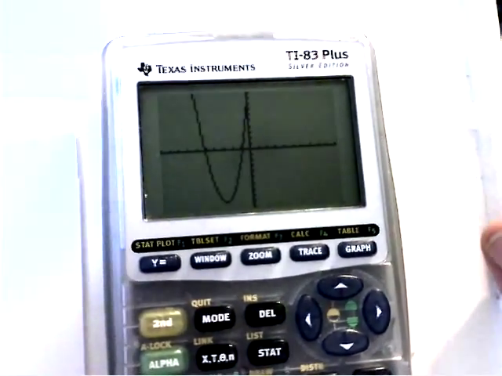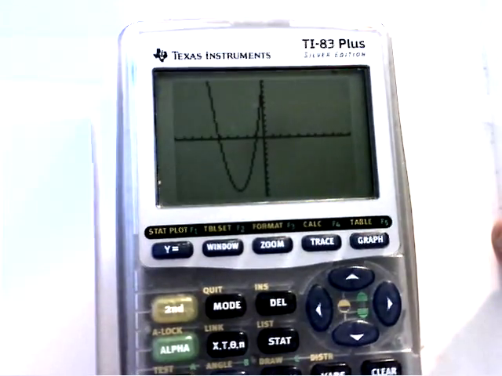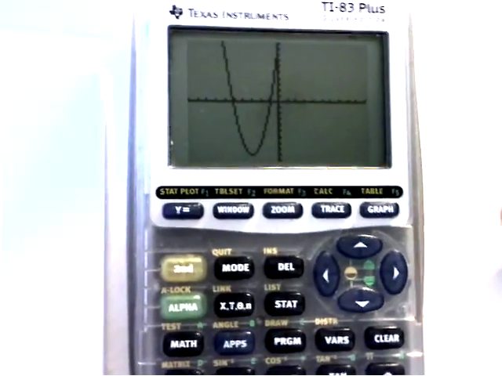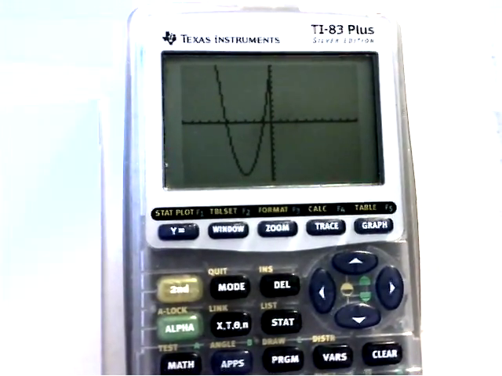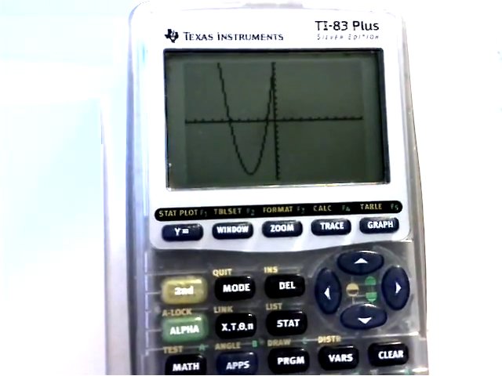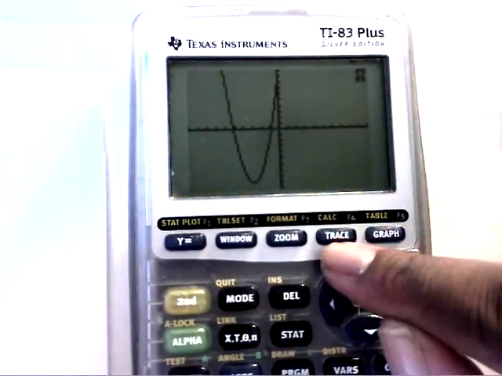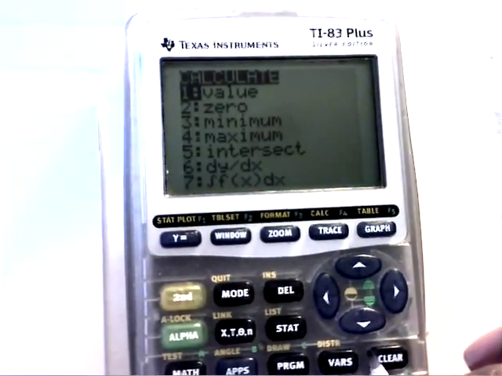Now what I want to find is the y-intercept. In other words, I want to find out what my y value is going to be when x is equal to 0, because if you recall, your y-intercept is the point where the graph crosses the y-axis. So let's do second and then trace, and I'm going to press number 1 for the value.